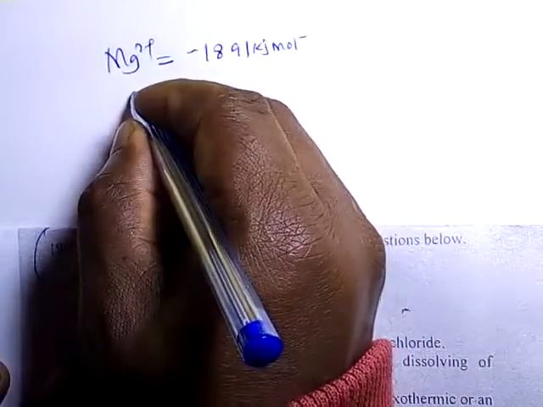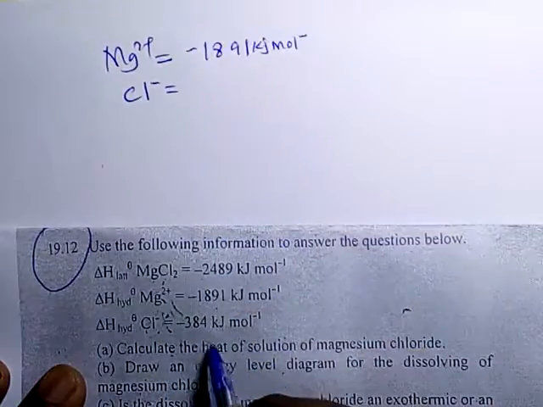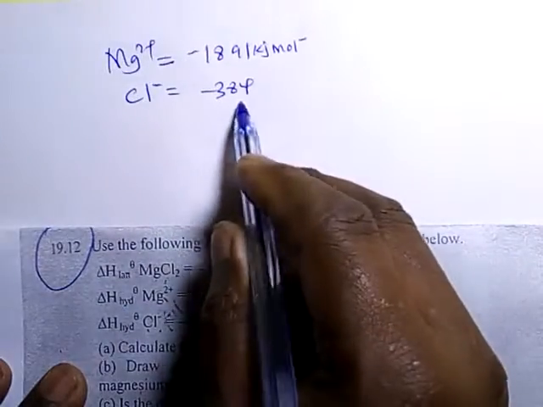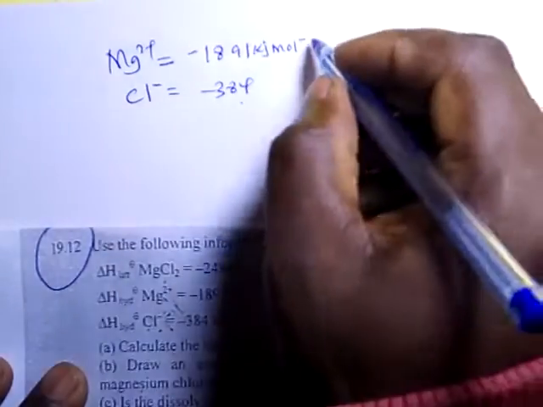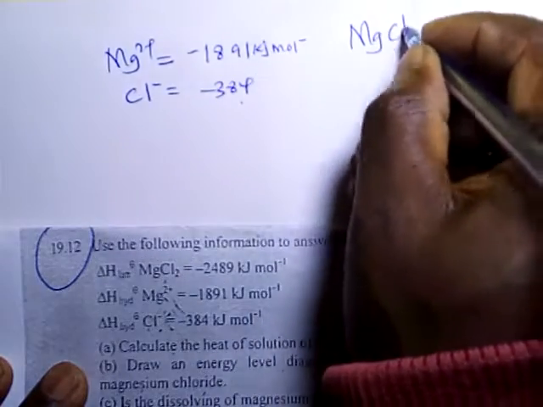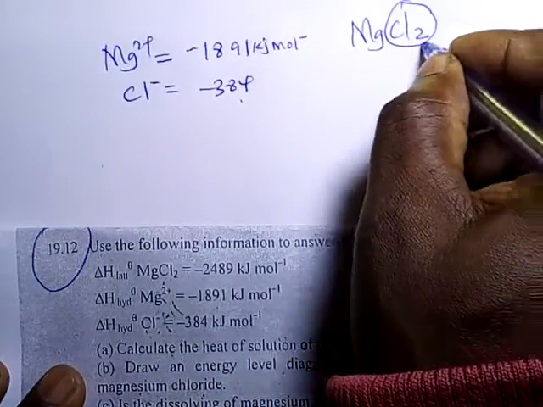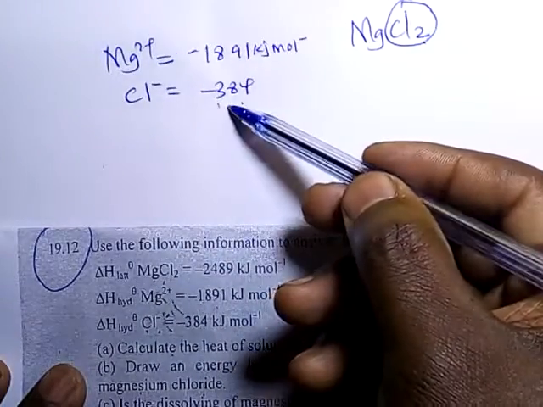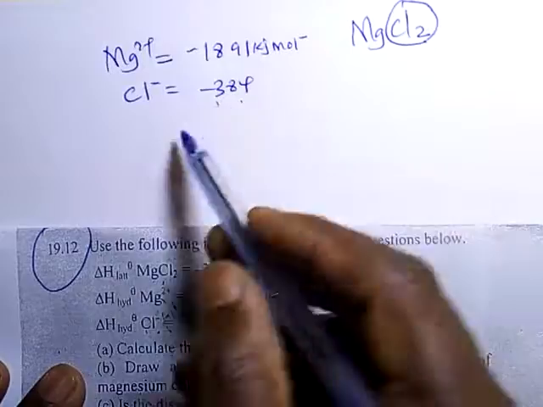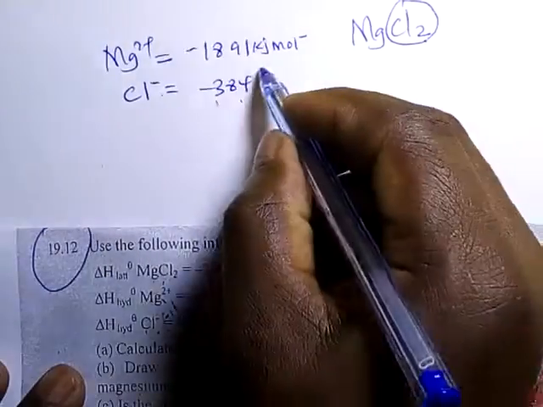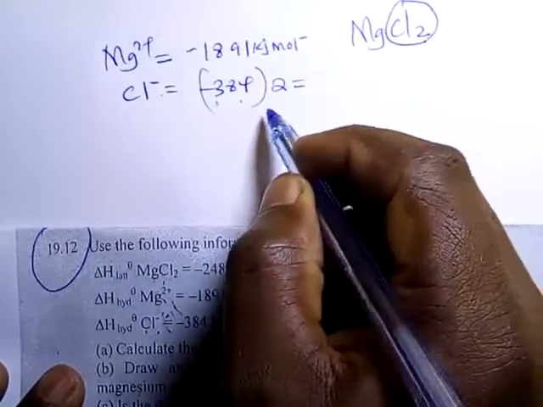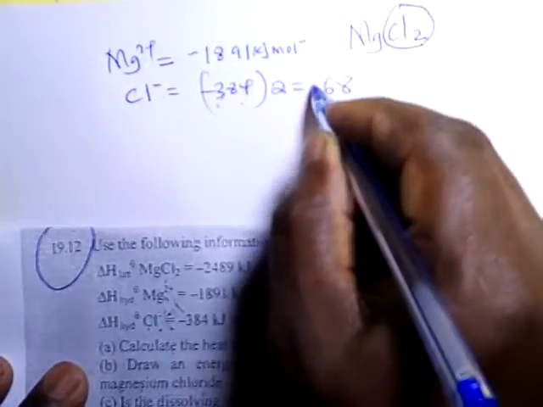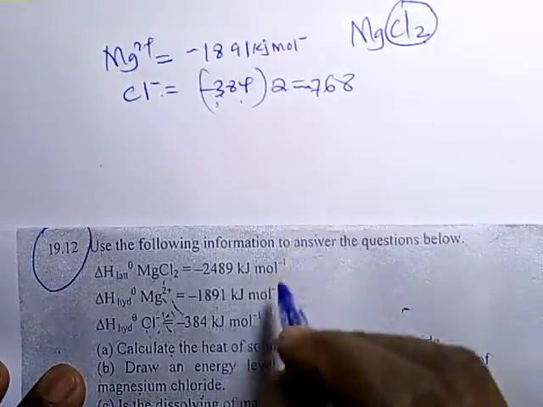One chloride ion is negative 384 kilojoules per mole. But remember, magnesium chloride has two chlorides. This is the enthalpy of hydration of one chloride ion, therefore we multiply by 2 to get the total. This will be negative 768.